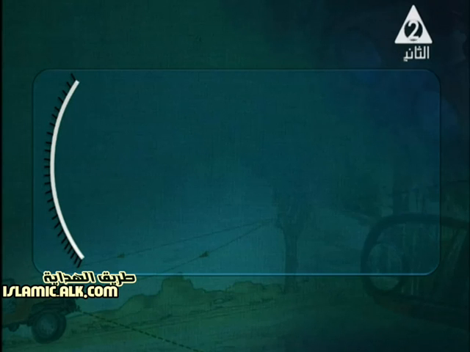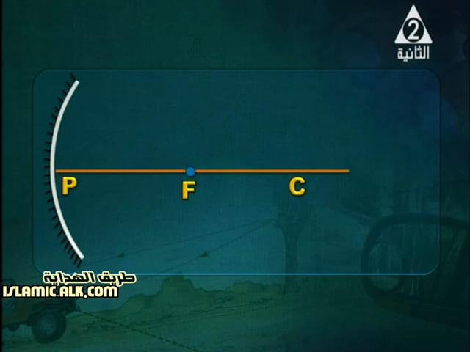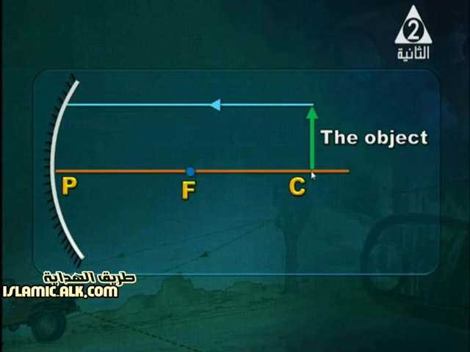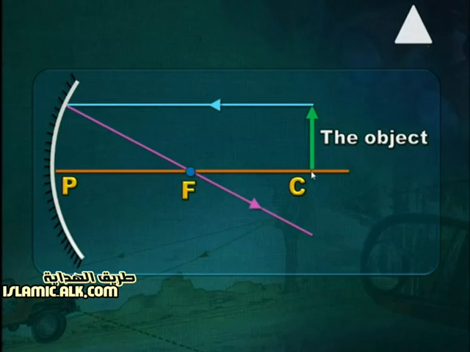Firstly, we draw the concave mirror, then the principal axis, determining the pole of the mirror, the point of the focus, and also the point of the center of curvature. The body is placed at the center of curvature of the mirror. Then this body will send two rays. The first is parallel to the principal axis, which will reflect passing through the focus.